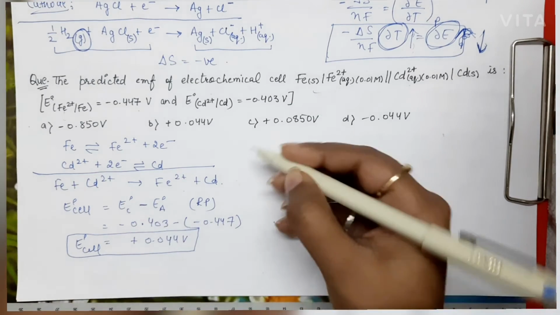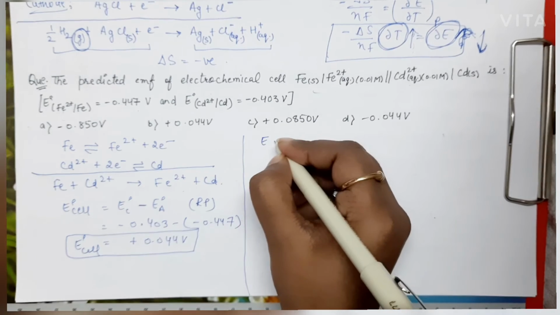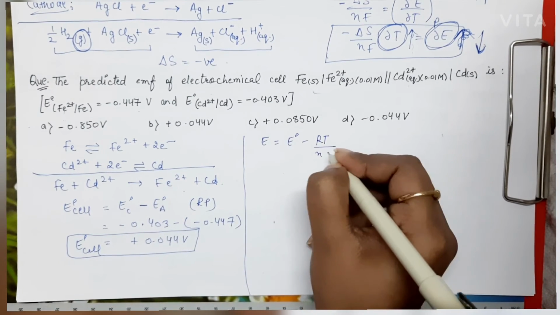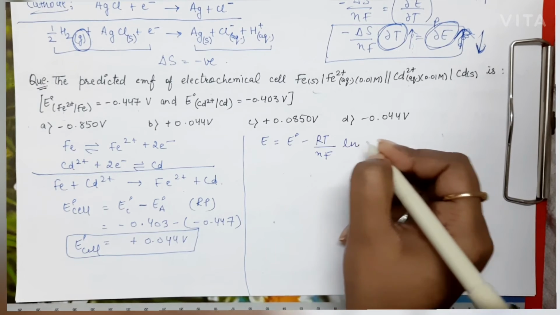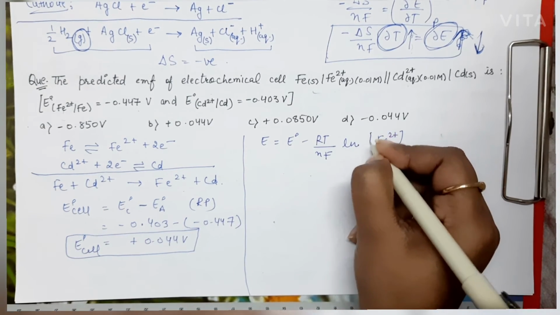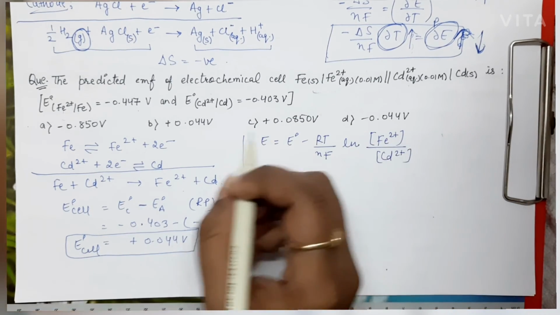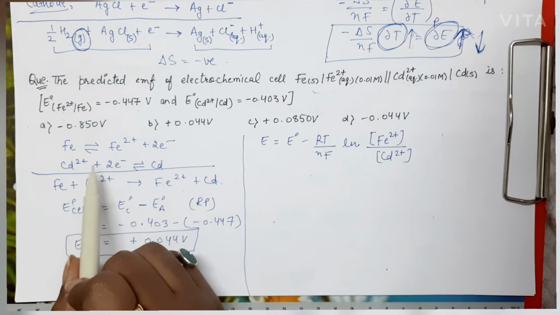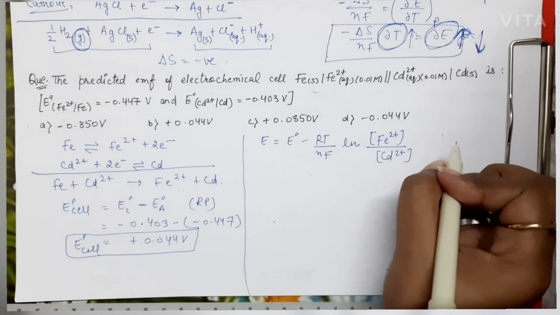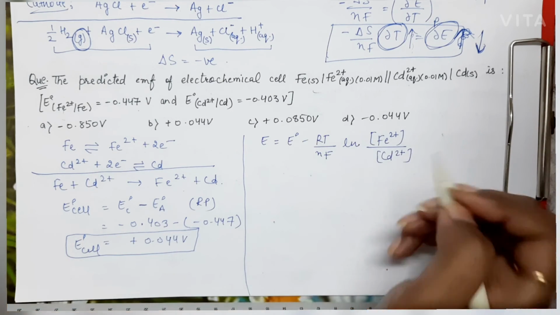Now we have to find out the EMF of the cell. So you can use this equation. E is equal to E naught minus RT upon NF log of concentration of Fe 2 positive upon concentration of cadmium 2 positive, right? Because we take the concentration of the solids Fe and cadmium to be equal to 1. So I think so far we have done so many questions that you will know how I wrote this equation, right?